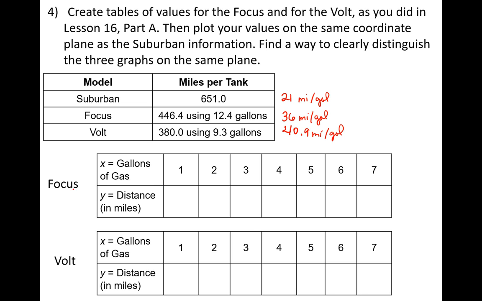Okay, what does that mean? Well, it means 1 gallon of gas will go 36 miles. Times 2, 36 times 3, or I can just say plus 36, plus 36.